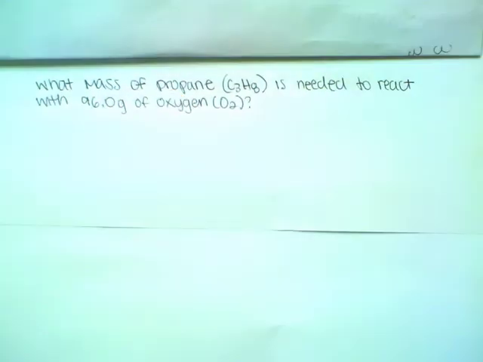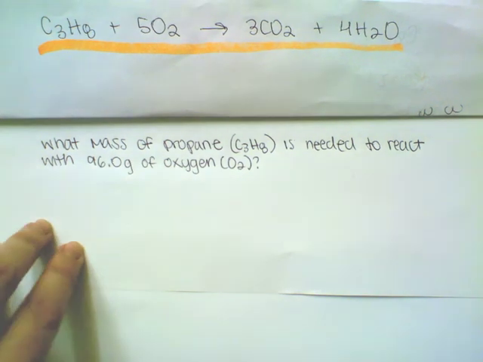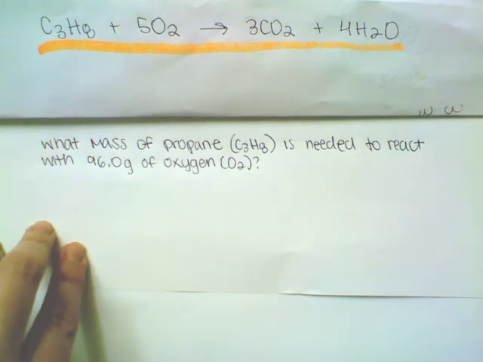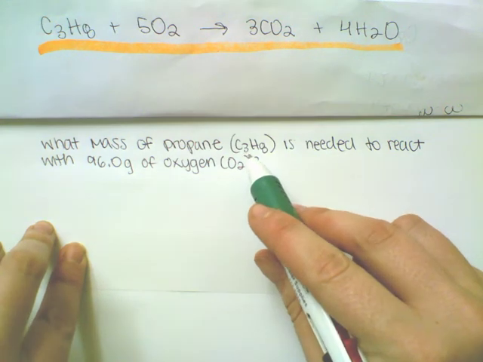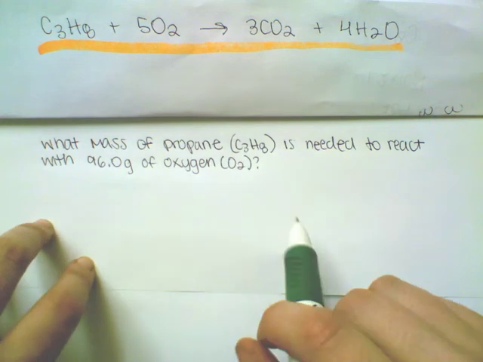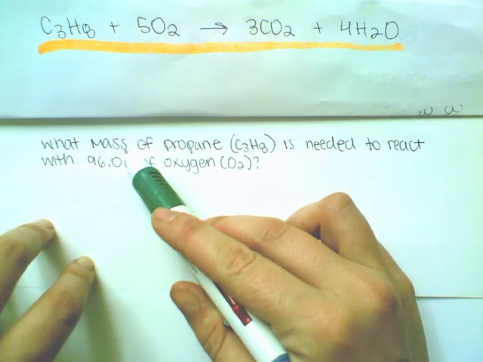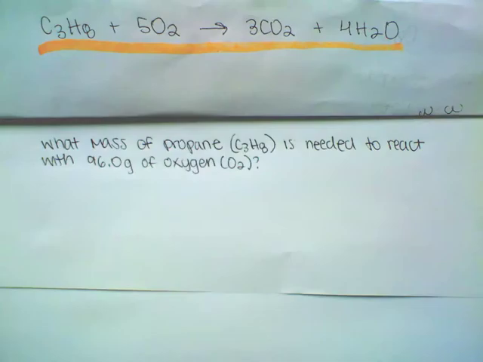Another example problem. The question says, what mass of propane, which I give you the formula is C3H8, is needed to react with 96 grams of oxygen? So I'm asked to find the mass of something, and I'm given the mass of something else.